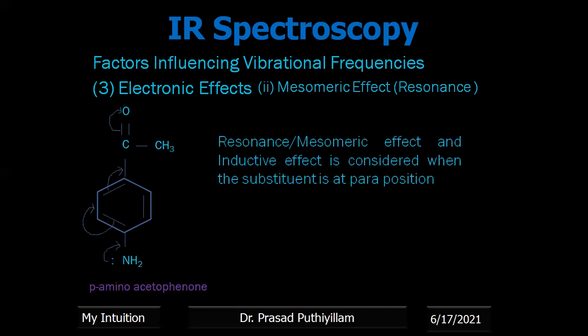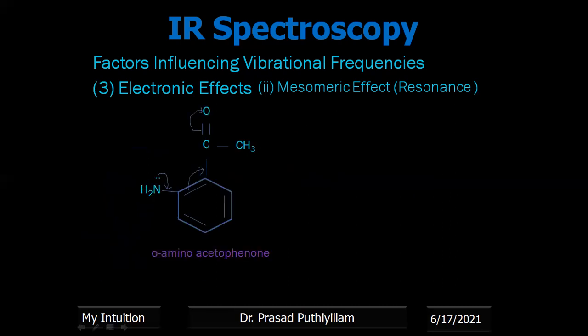That is already indicated with the arrowhead, and also due to the change in electronegativity, it can participate even in inductive effect. Therefore, both resonance or mesomeric effect and inductive effect are considered if the substituent is at a para position. Whereas if it is at ortho position, resonance is anyhow indicated with the arrowhead.